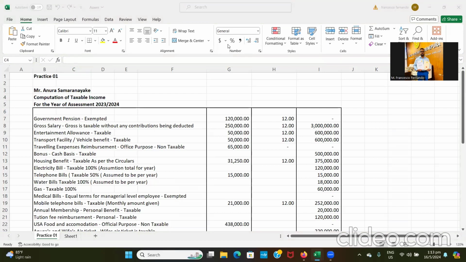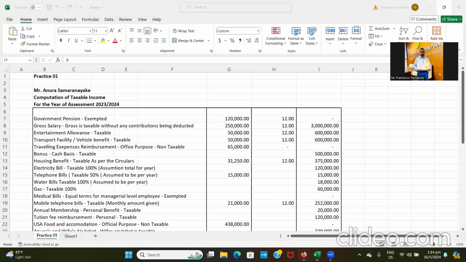So we must mention it as government pension and, within brackets, it is a must to write exempted. Here you should not put the value, because as per the Inland Revenue rules, it is exempted. So the first one, government pension, is exempted.